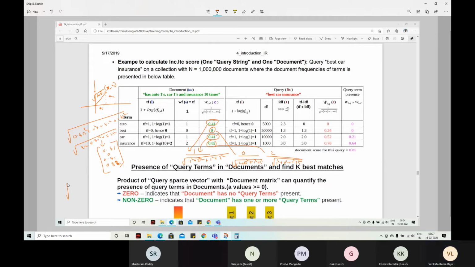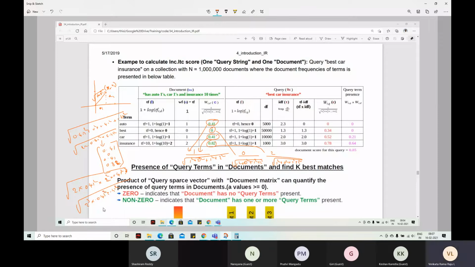So for 0.41 into 0.41 into 2, square root of, I think we can do it here. 2 into 0.41 square, 2 to the power of 3 into 0.41 square into 0.41 square.